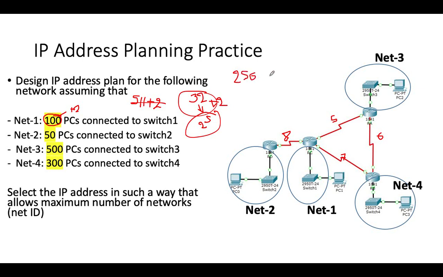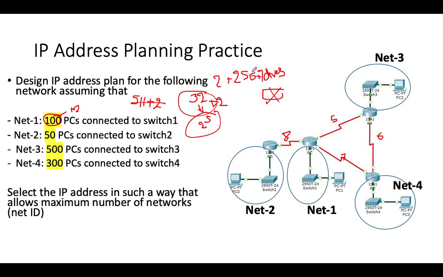To give you another example, if they told you that we need 256 devices, what do you do exactly? Oh, that's very easy, we can take 1 byte. No, 1 byte at that time will not be enough. Why is that? Because this is 256 devices, I need a network ID, and I need a broadcast address as well. So what does that mean?